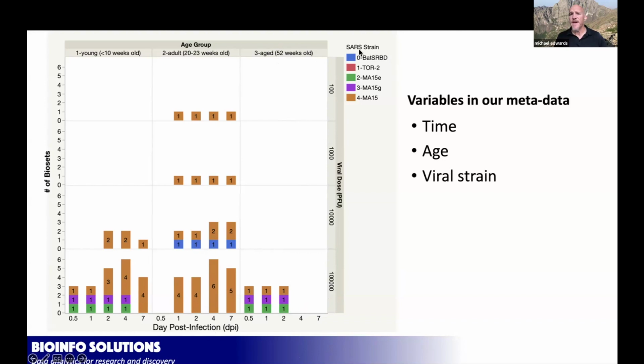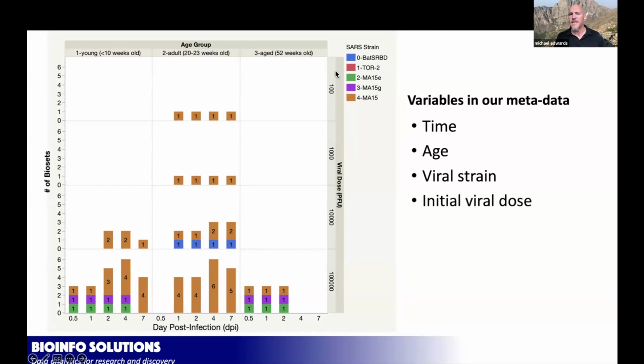And then we also have different viral strains. Given here are the different viral strains used in these experiments. They go from less severe to more severe. This bat SRBD is basically a coronavirus engineered not to be able to infect cells, so it is kind of our negative control in a way. Everything else is a more severe viral strain as we go up here.